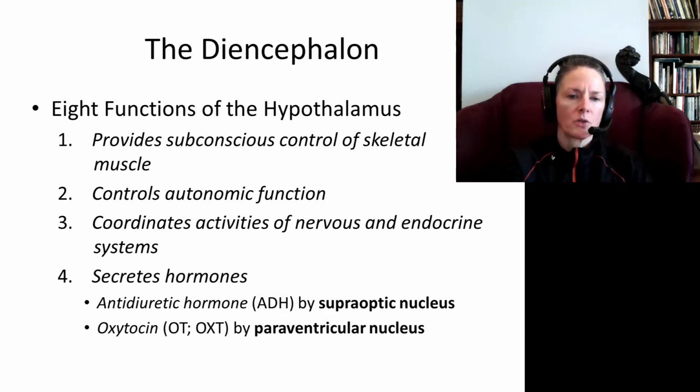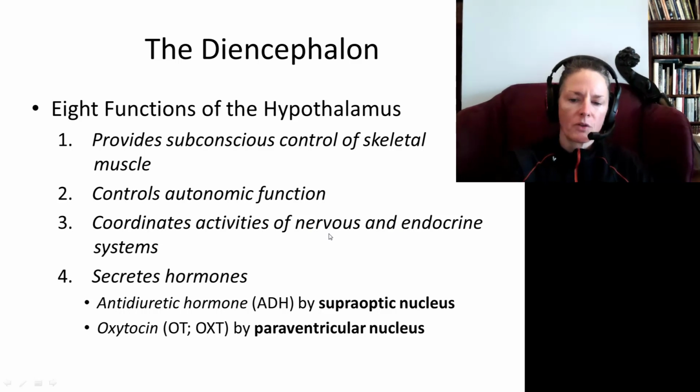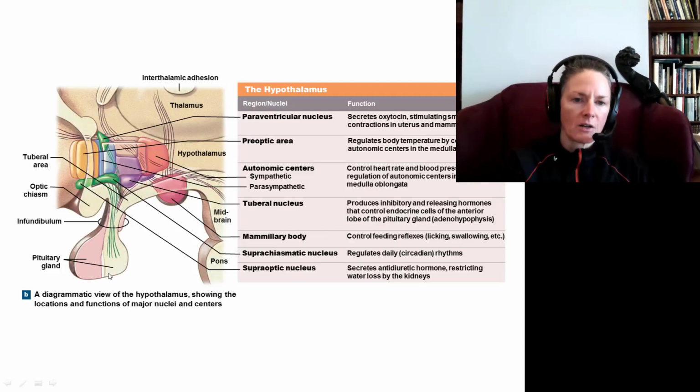We also call it the neuroendocrine axis, and what that means is it coordinates the activities of the nervous and the endocrine systems. As we saw, the pituitary gland, which is part of the endocrine system, is directly connected to the hypothalamus.